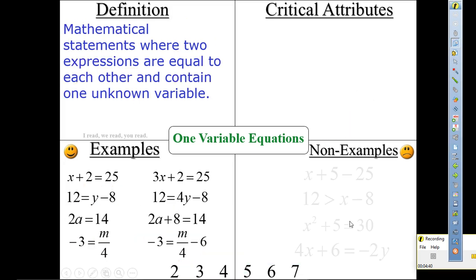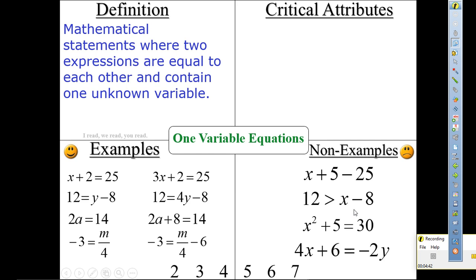And then they gave you some non-examples similar to these. Write these down, please. Non-examples: x plus 5 minus 25, 12 greater than x minus 8, x squared plus 5 equals 30, and 4x plus 6 equals negative 2y.